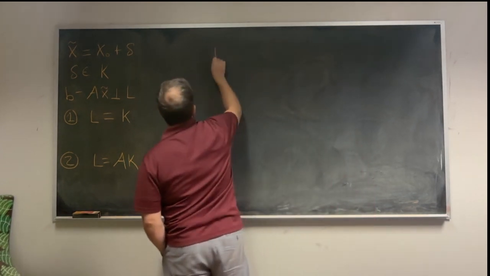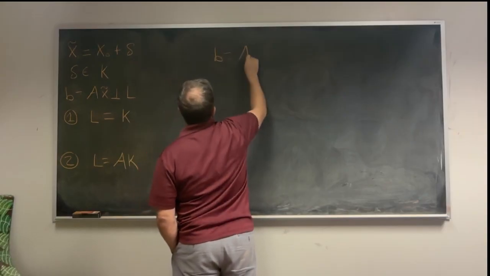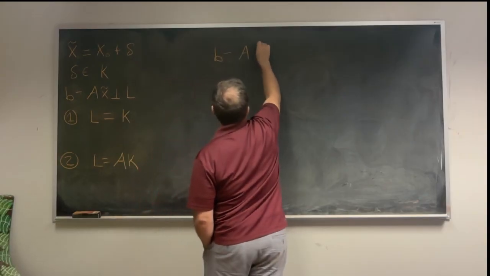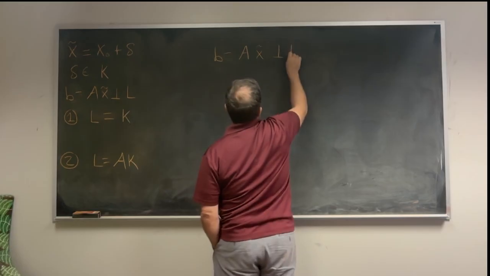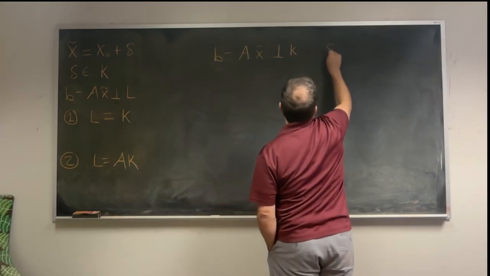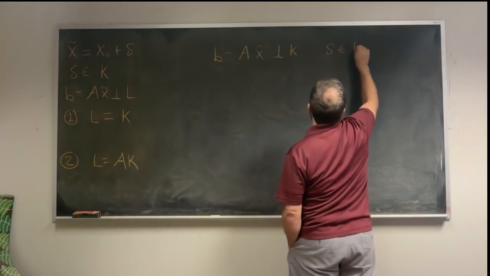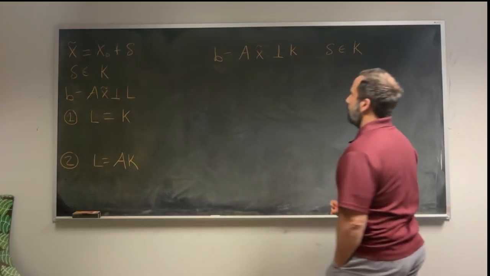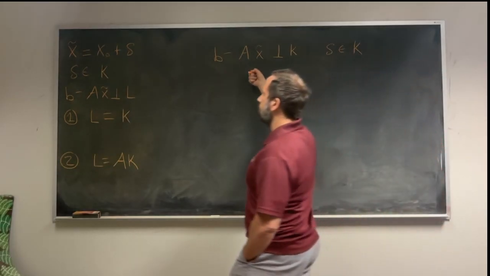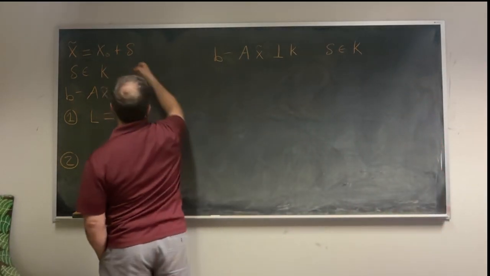So what we want is we want b minus A x tilde to be orthogonal to K, and delta is going to lie in our subspace K. So if we unpack this a little bit, x tilde is x naught plus delta.